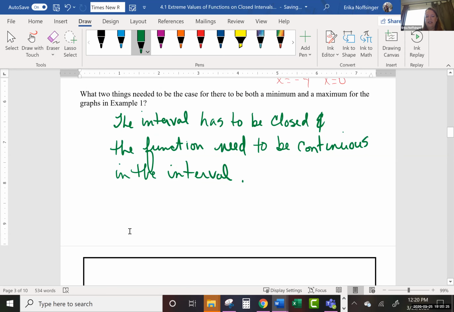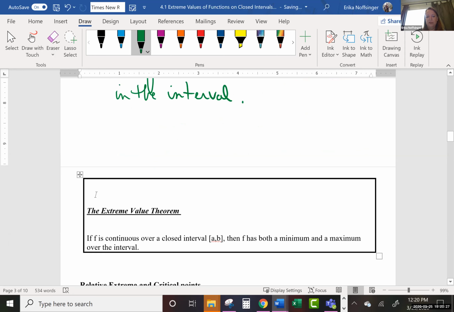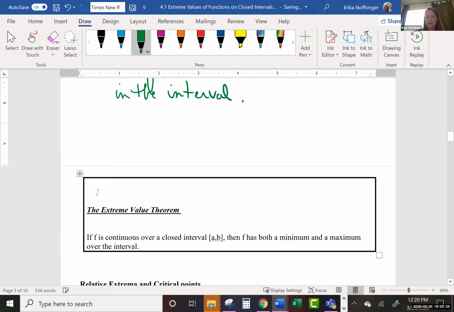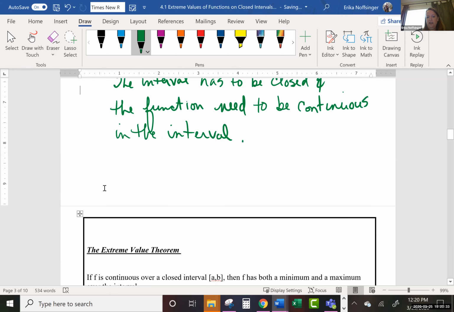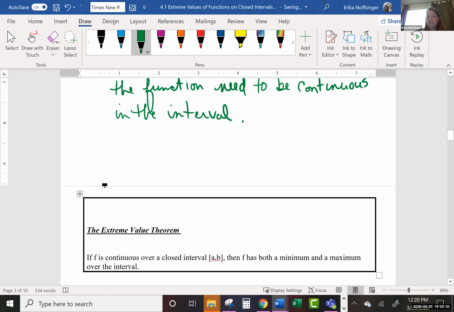So basically, this is a theorem, and this is what is called the extreme value theorem. It says if f is continuous over a closed interval [a, b], then f has both a minimum and maximum over that interval.